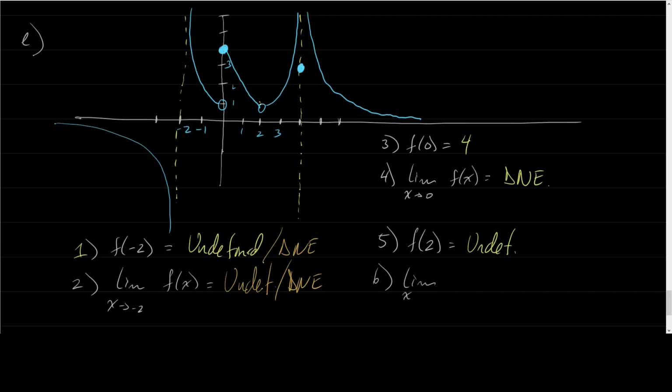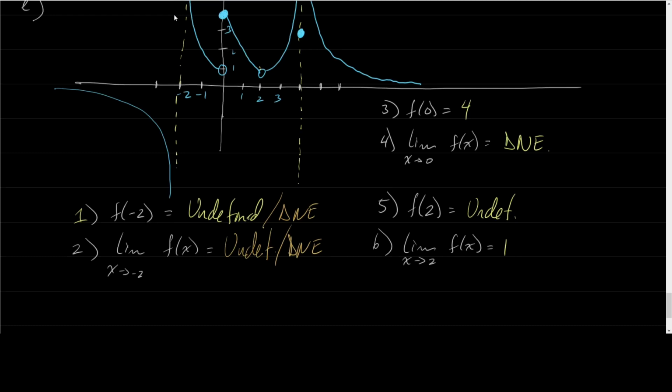In other words, what is the limit as x approaches 2 of the function? If we're approaching 2 from the left and from the right, the function either way is getting to this height of 1. So that would be 1.